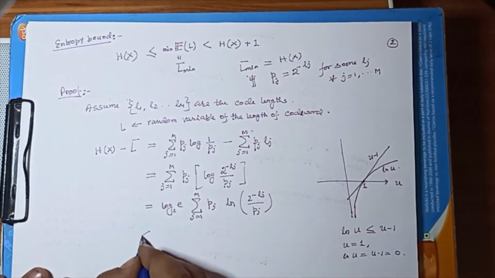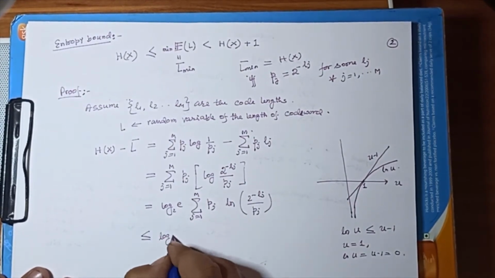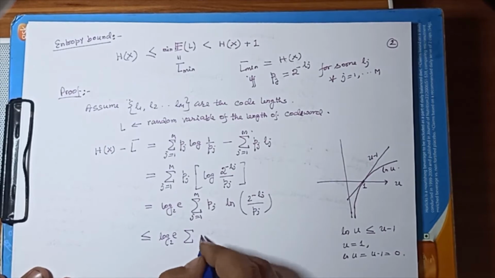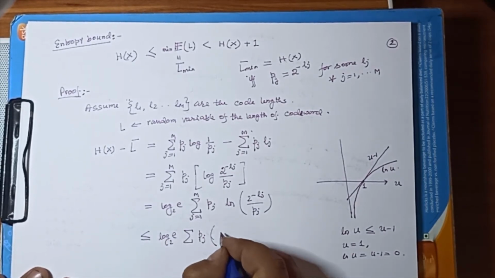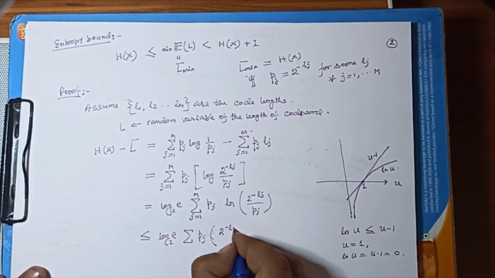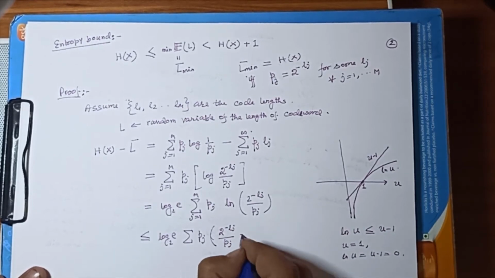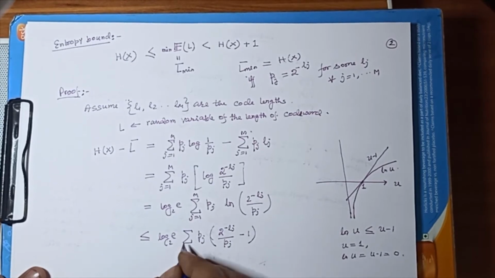So this will be less than or equal to log E summation Pj into (2 to the power minus Lj by Pj minus 1), j is equal to 1 to m.